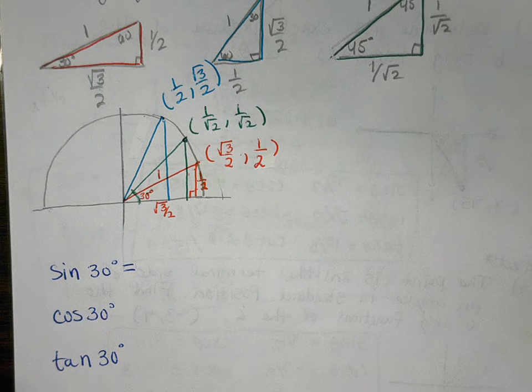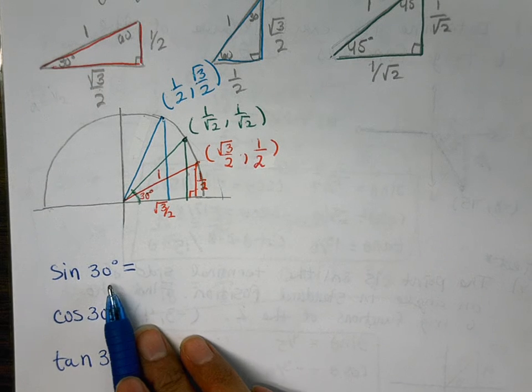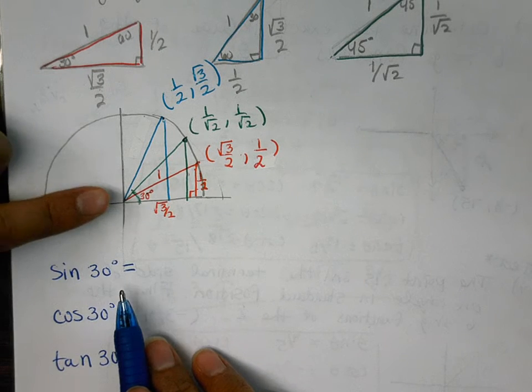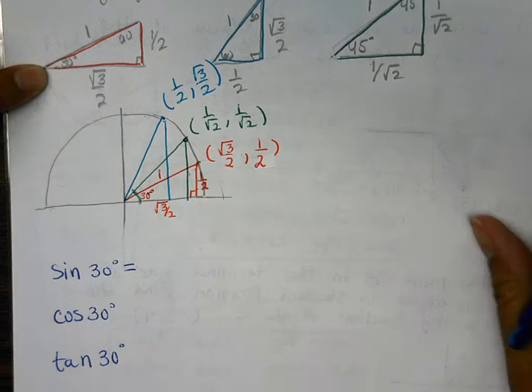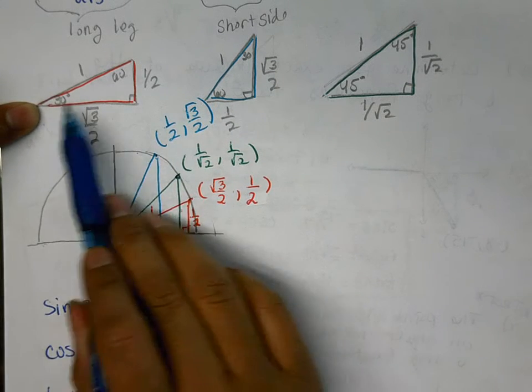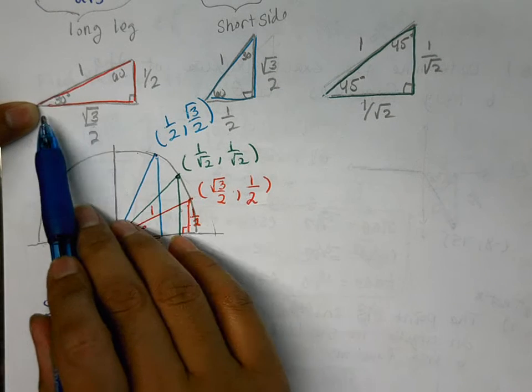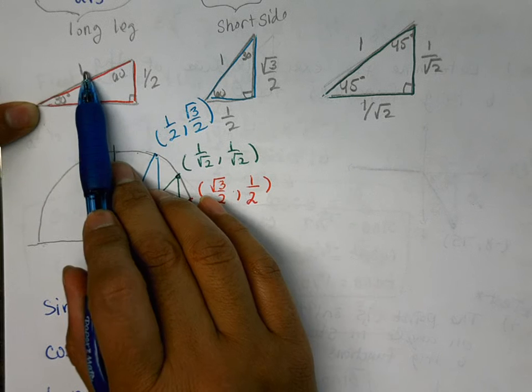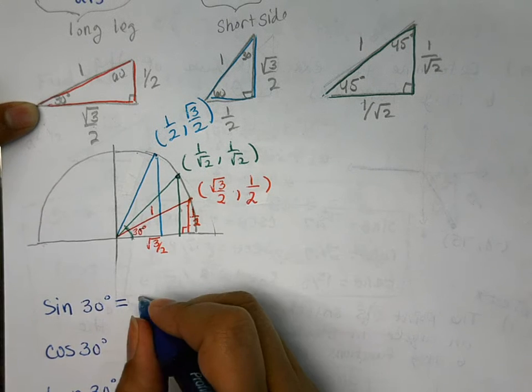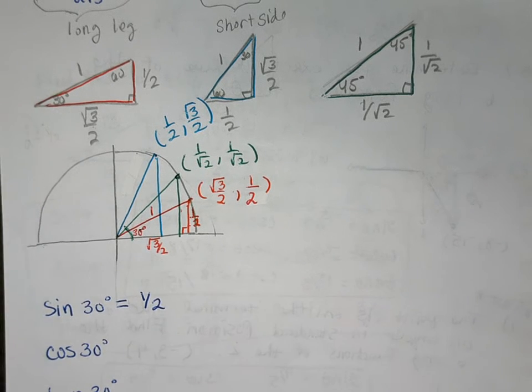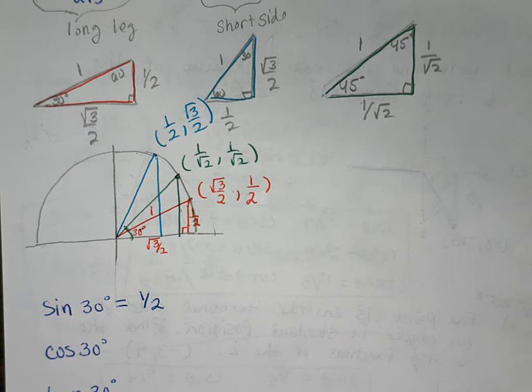Opposite. So I'm on the 30, so I'm on this one here, it's easier to see. Opposite over hypotenuse becomes what? 1/2 over 1, which is just 1/2. Do you have to write 1/2 over 1? No, it's better if you don't.